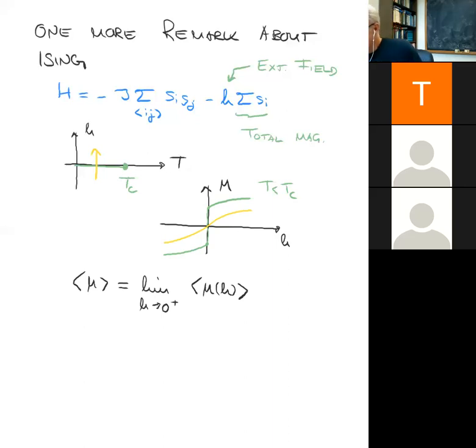Okay. And then you can see the difference on this plot: if you do it below TC, then this limit will be a non-zero number, so you get something like this. And if you do it above TC, so you come from here, but now the limit is zero.